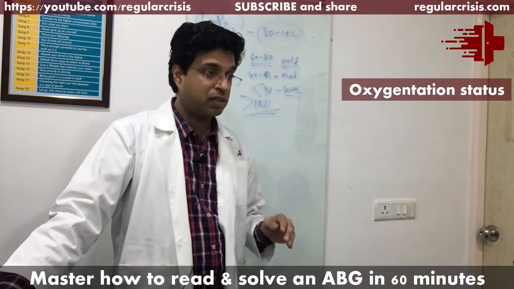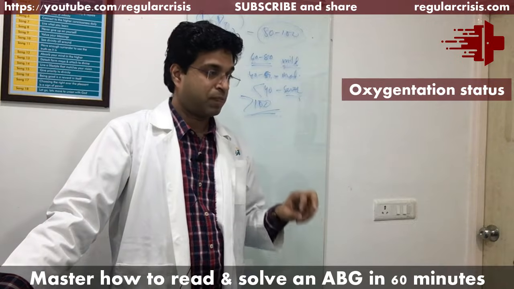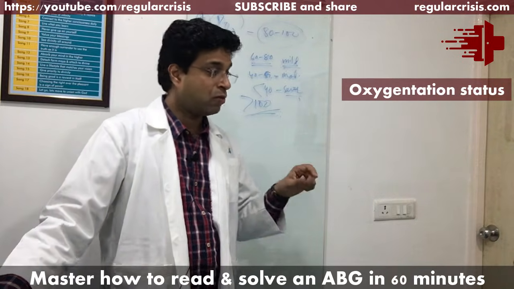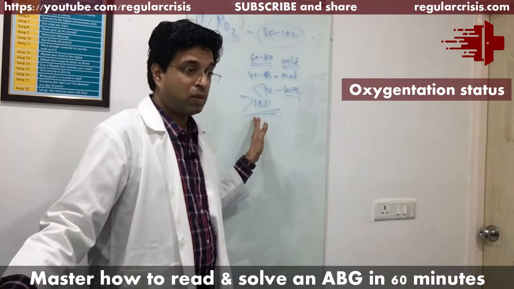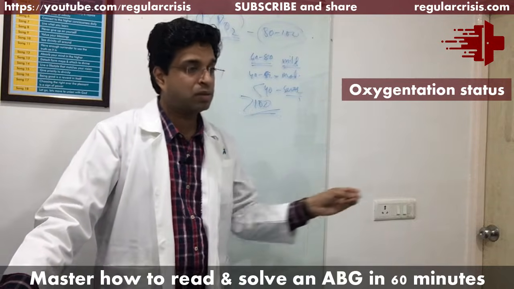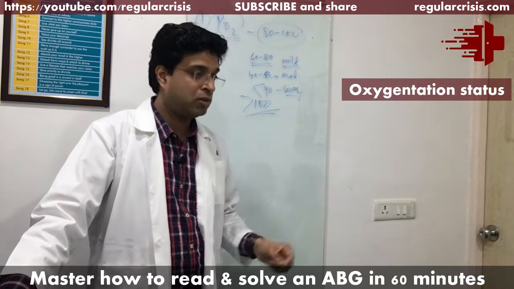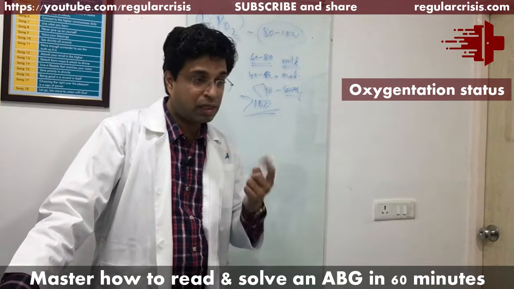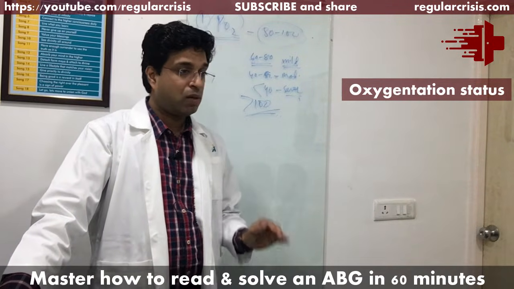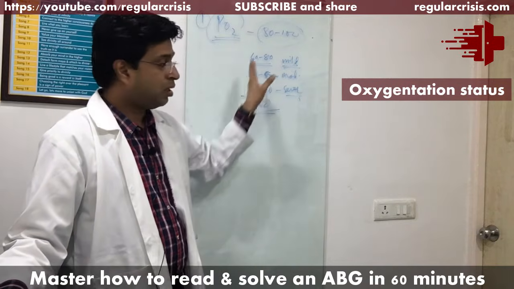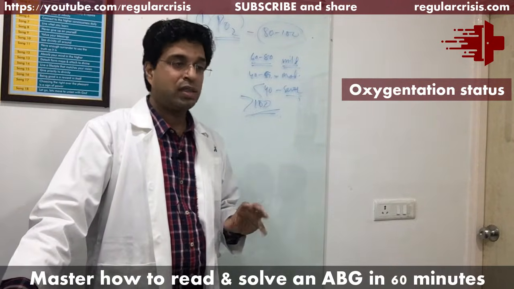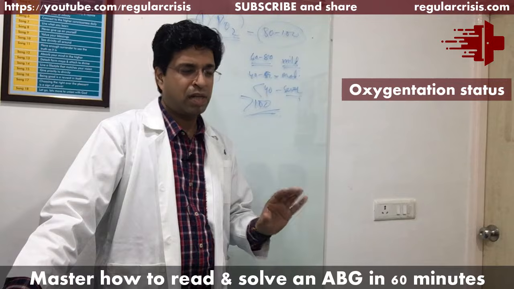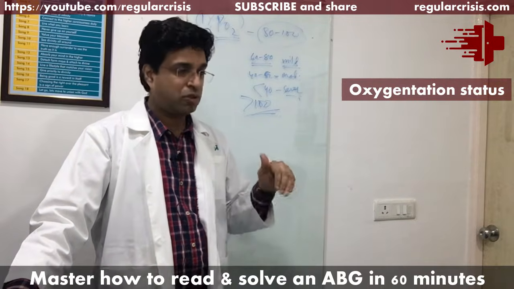In children, neonates and infants, you should always look at whether the oxygen level is too high. Some patients come from the OT, or are in the PICU or NICU on a ventilator, and if you find a PO2 of 200 or 250, it can damage the brain. So the oxygen level should be maintained around 100 as a dictum. In adults it doesn't do that much damage, but yes, you should target that.